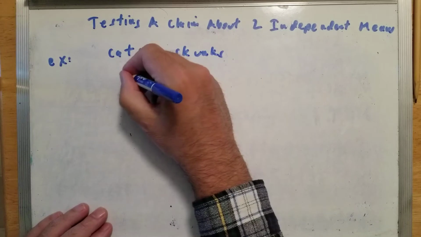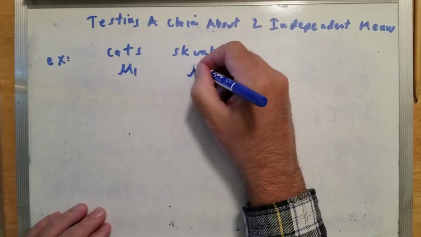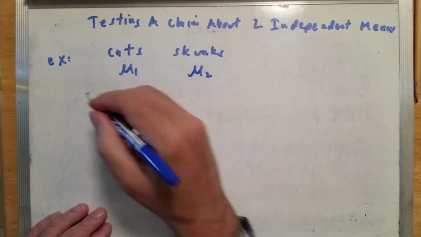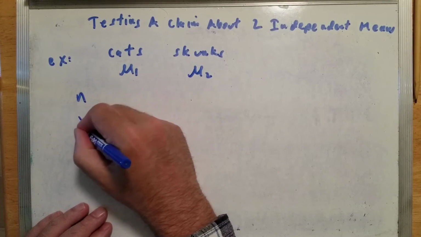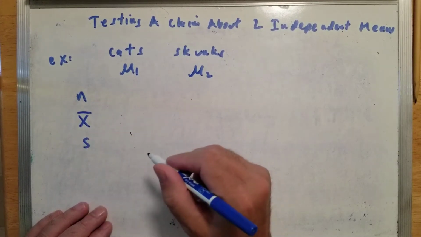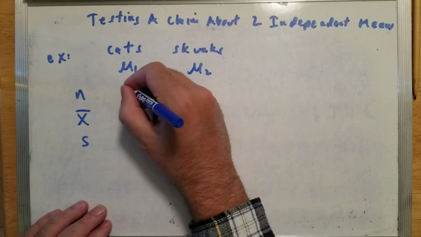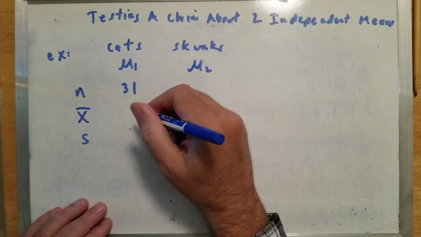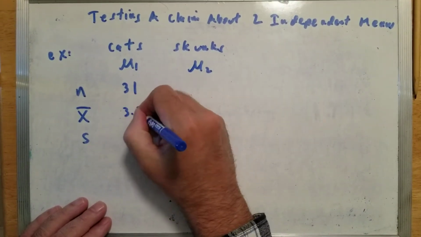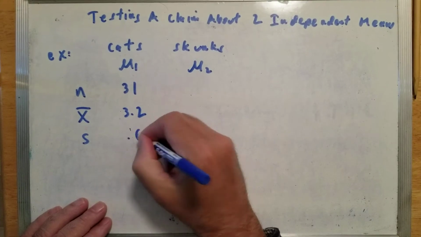We're going to call cats the first population mean, skunks the second population mean, with sample size, sample mean, and sample standard deviation. For the cats, 31 is the sample size, a mean height of 3.2 with a standard deviation of 0.6.